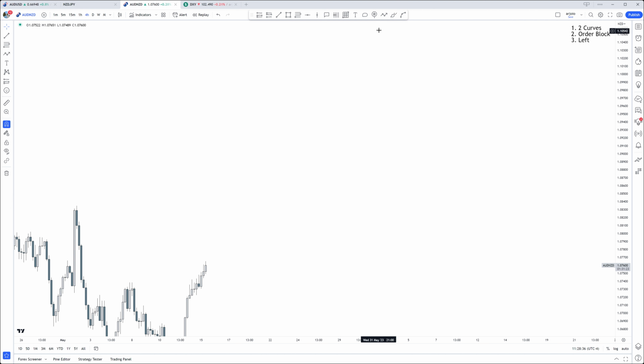But we need to understand that if we are looking for higher prices, so we are expecting a market maker buy model, then right here, when we are moving down, institutions' orders are so huge that they can't just simply buy and sell like retail can. Now they have to get in the market earlier. So if we are anticipating a market maker buy model to form, then on the sell side of the curve, that is already where institutions are buying.